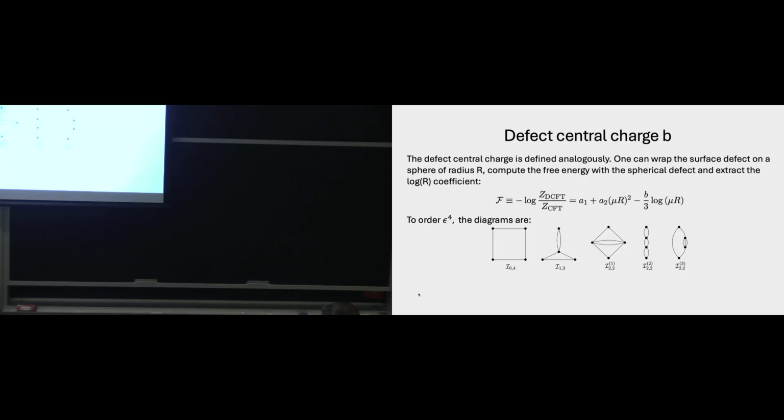These are the diagrams. So these vertices are on S2, and these are bulk vertices, which are in R^D. And then we compute the defect central charge for arbitrary n.